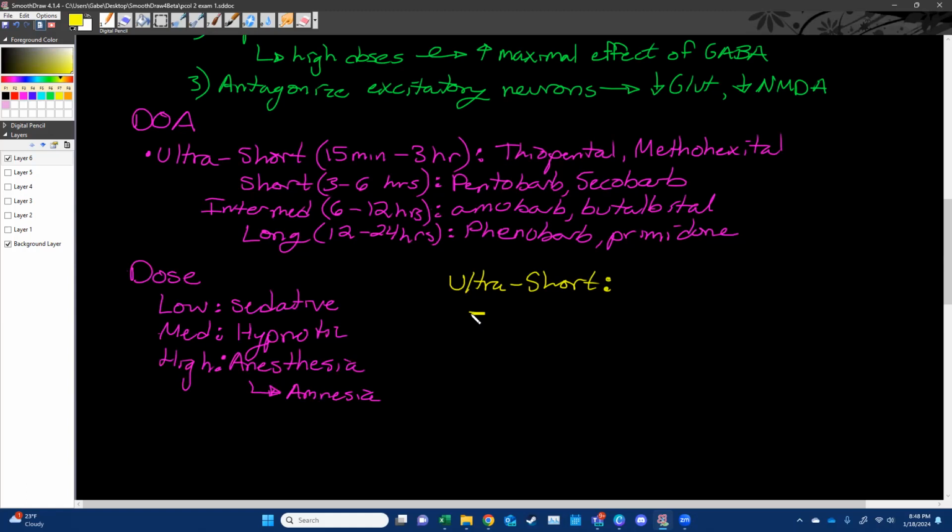Pre-op? Yeah, right? So we want to quickly knock someone out. So maybe we're doing a high dose pre-op, right? So we're knocking them out. They fall asleep and they're not going to cause an issue.